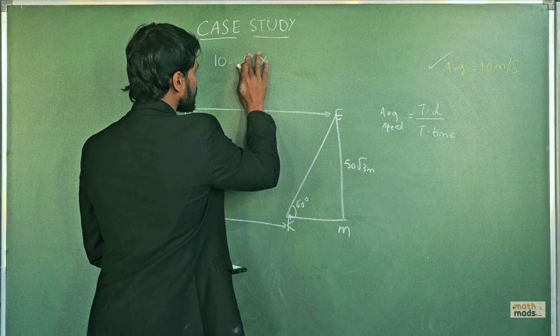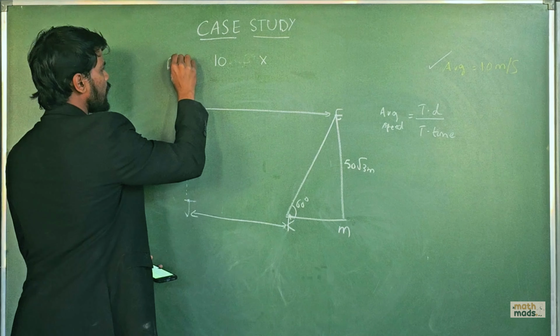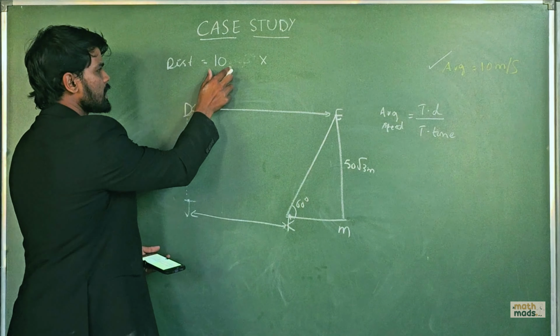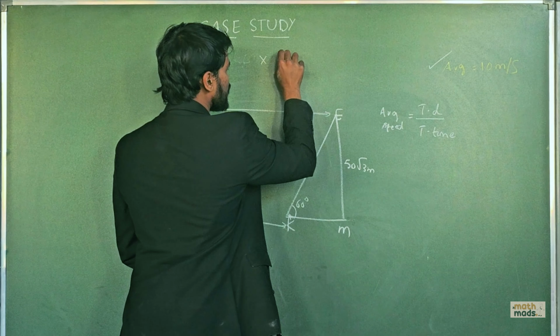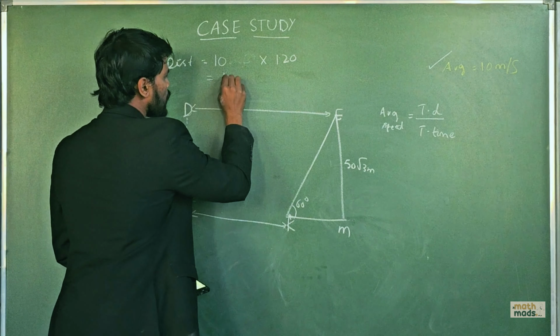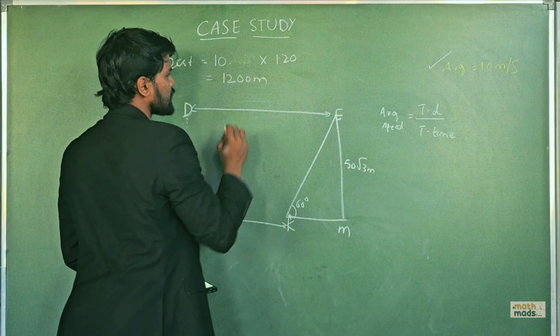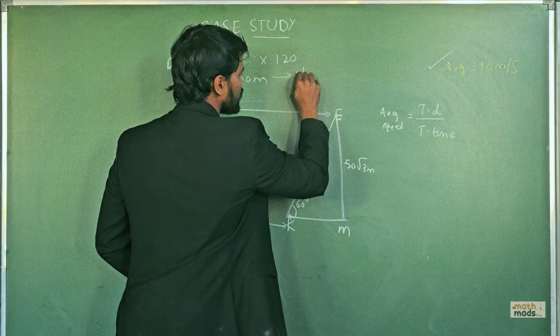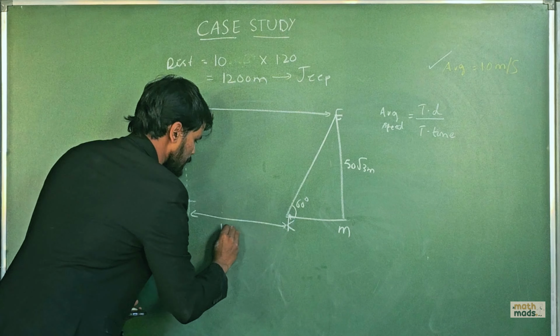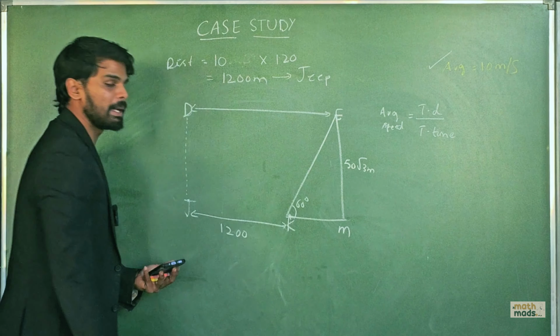If I take the product of this, I'll be getting distance, because distance is nothing but speed into time. So this is the average speed into 120. I have converted 2 minutes to seconds. So what is the distance now? 1200 meters. Now this is the distance of the jeep. So this will be 1200 meters.